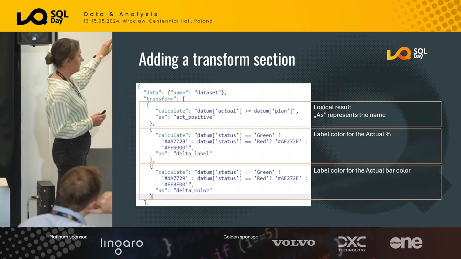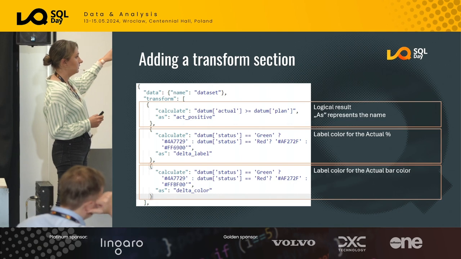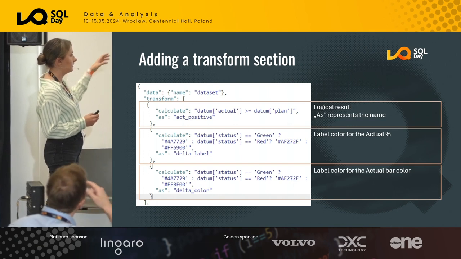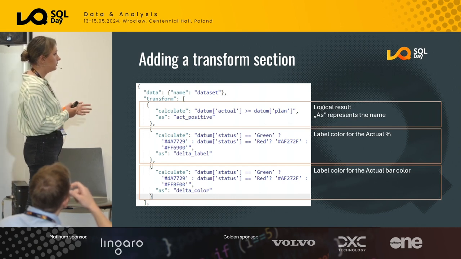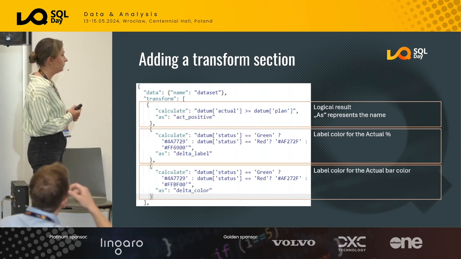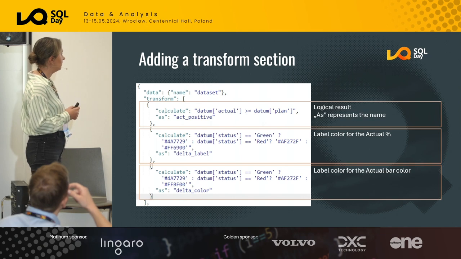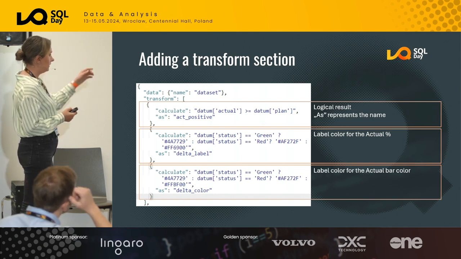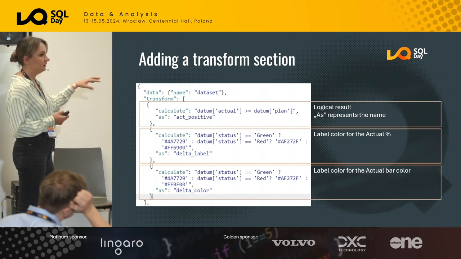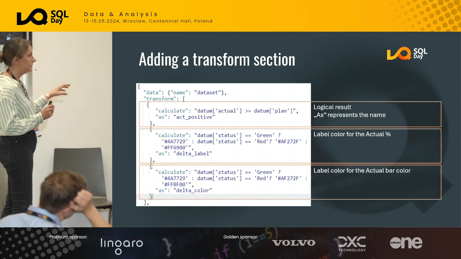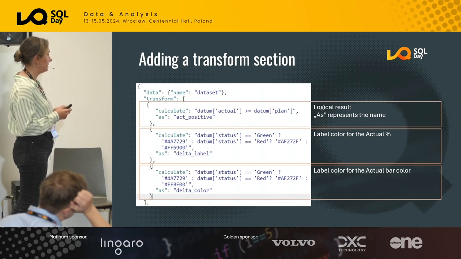The first one is just a logical function that compares my actual value to my planned value. If actual is greater than or equal to planned, it's true, else it's false. The second one defines the color. It's very similar to the third one, but the colors for amber are a bit different just for visibility purposes.